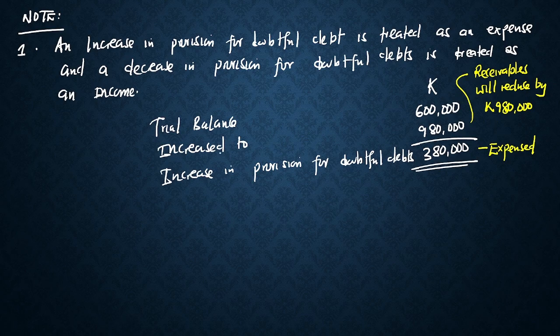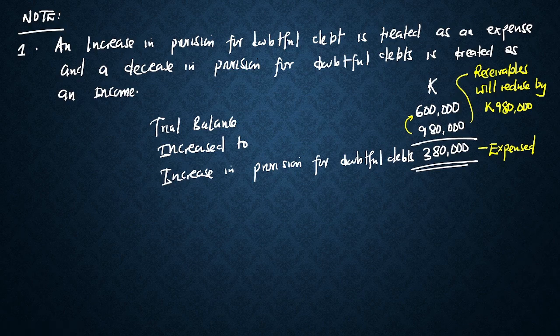Now, let's assume that in our trial balance, we have got the 980. Then you are told that your provisions for doubtful debts was adjusted to 600,000. The question is, how was it adjusted to 600,000?